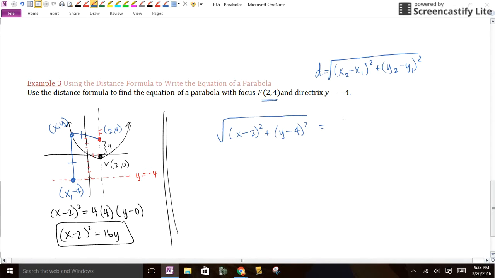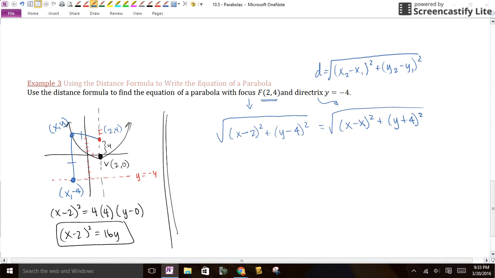So again, x minus x would be, oh, that's weird. (x minus x) squared plus (y plus 4) squared, and that's square rooted. So this first one is the distance to the focus, and this is the distance to the directrix, right? And if you look at my drawing, it should make nice sense.